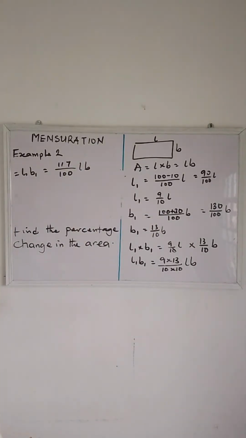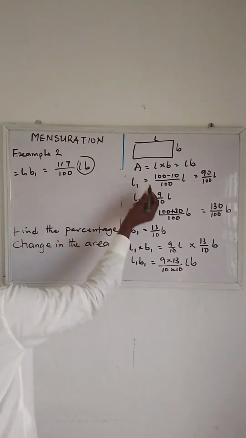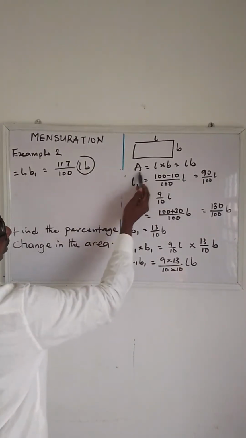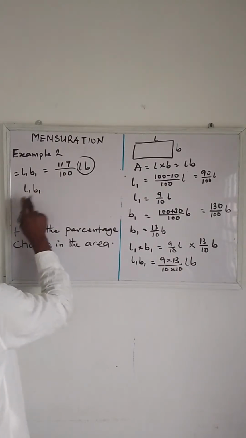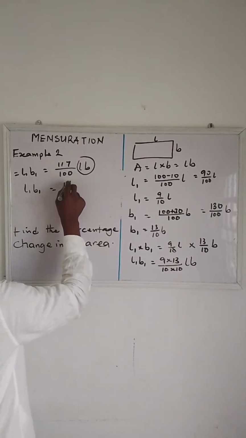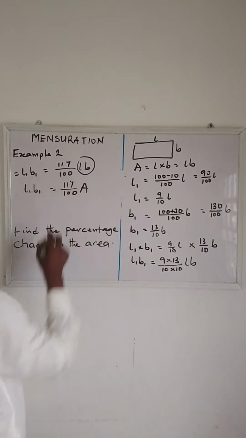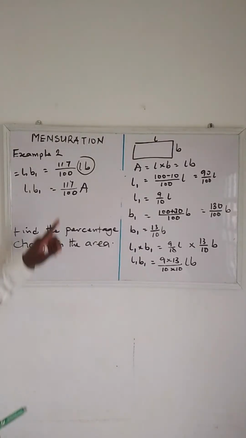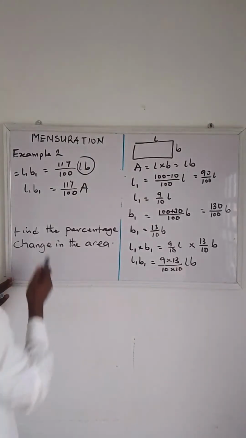I hope you get that now. All right, you can see this is the area that we have here. A is there. So we can simply write the new area is 117 over 100 A. What happened? You observe that the numerator is no longer 100 again. It has increased by what? By 17.